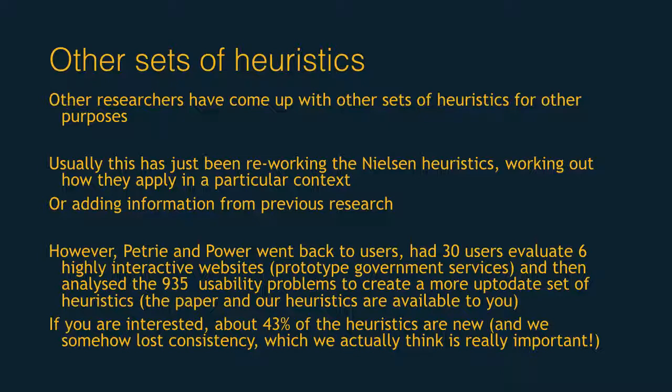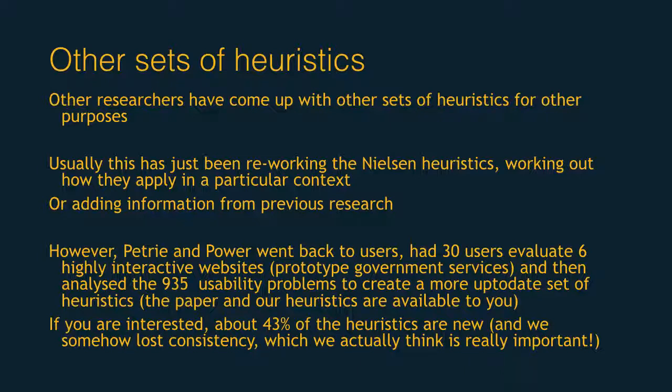So a few years ago, with one of my colleagues, we thought, well, okay, Nielsen's heuristics have really been very useful to people, but systems are very different now, and a lot of what we're evaluating is very interactive websites. It's interesting, this was when mobile apps were coming to the fore, but we did this on interactive websites.